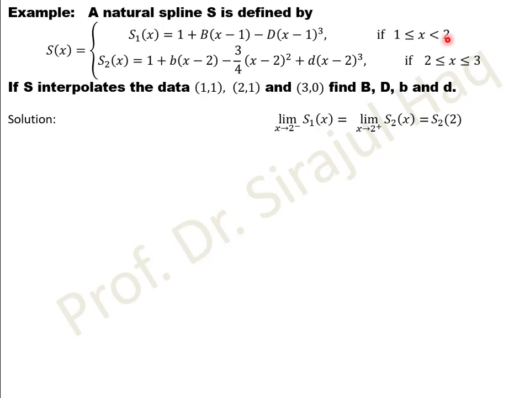And that's the reason I'm saying it should be continuous. For continuity, we say that the left hand limit when x approaches 2 and the right hand limit when x approaches 2 should be equal to the exact value. The exact value you can get from here because S2 of 2 will be equal to f of x2. That's the reason I use x approaches 2 through negative values.